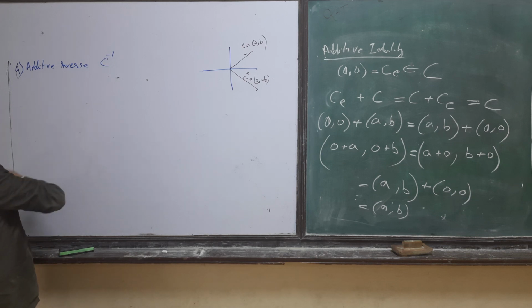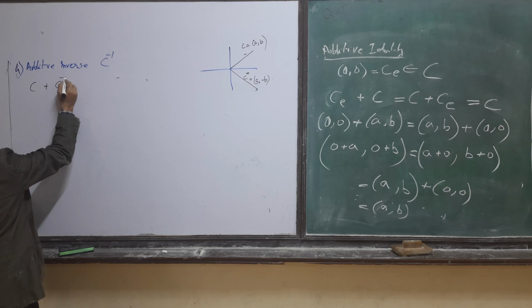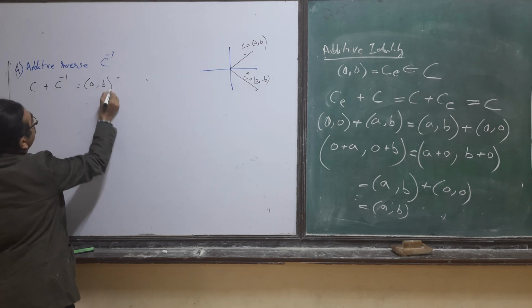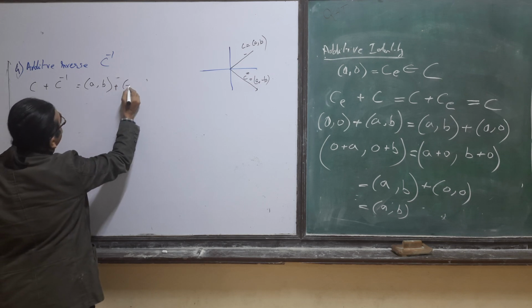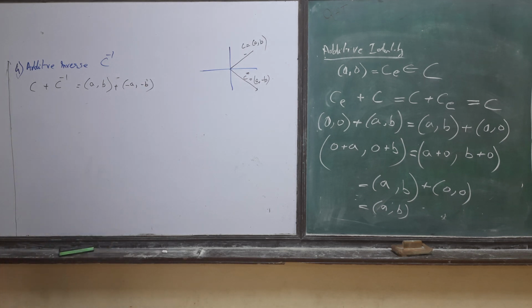This means C plus C inverse. C is A, B. What is the C inverse? Minus A, minus B. Okay.